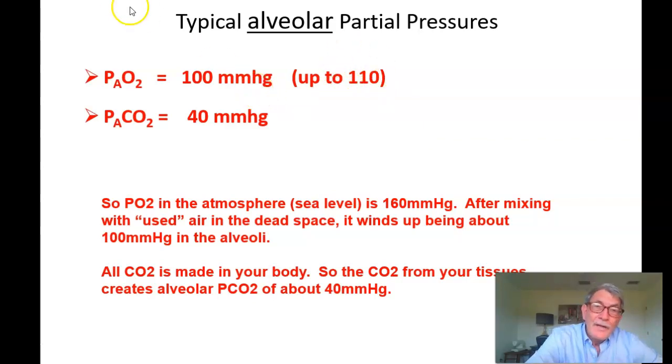You blow out the excess CO2. You keep taking in excess oxygen because you keep using it. You keep blowing off CO2 because you're making it, and you keep these numbers at rest right about here, about 100 millimeters of mercury of oxygen and 40 of CO2. That's what's the healthy level for you.